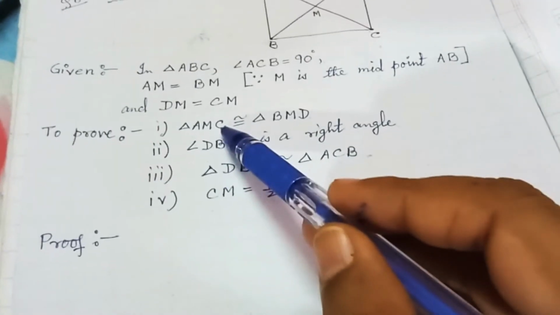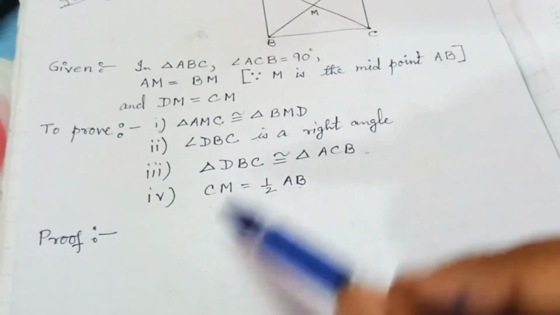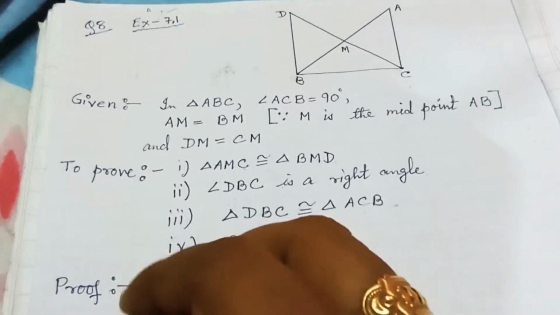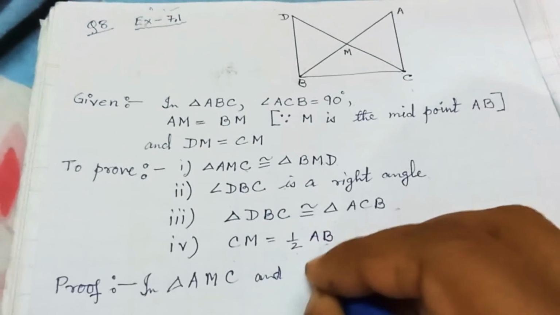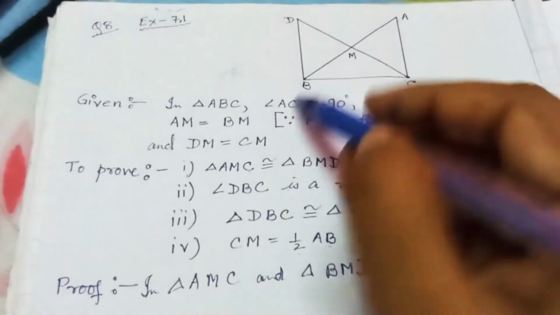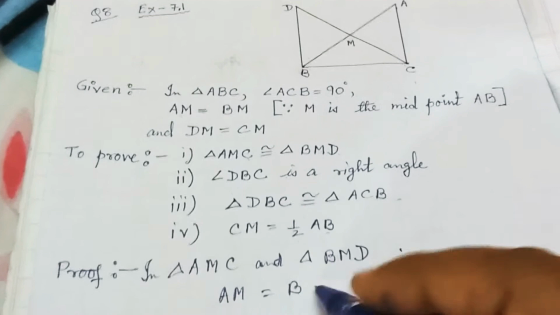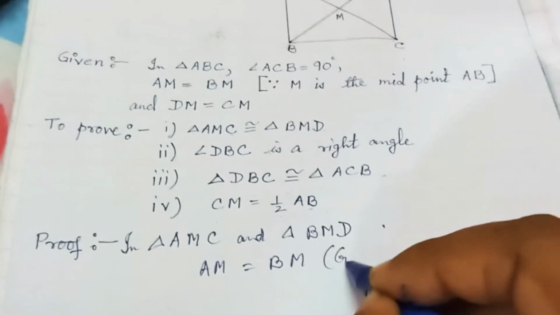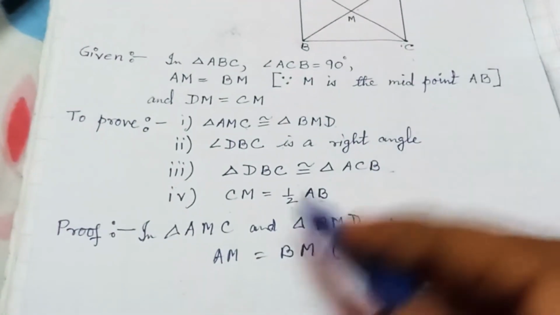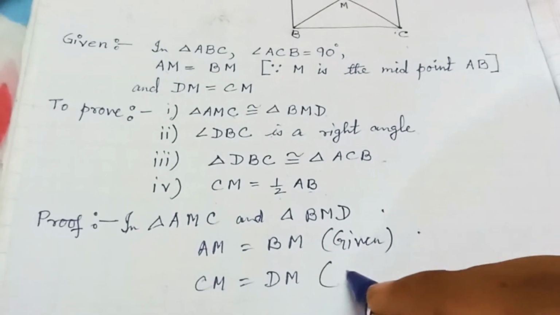Now first we will take these two triangles and try to prove that they are congruent. So triangle AMC and triangle BMD. In these two triangles we can see that AM equals BM, it is given. And CM equals DM is also given.